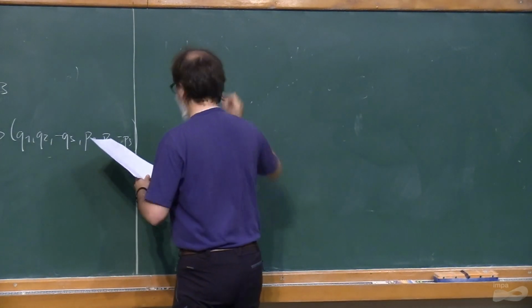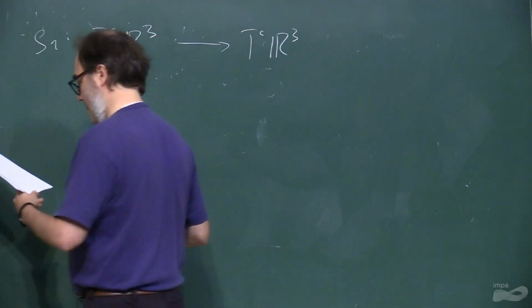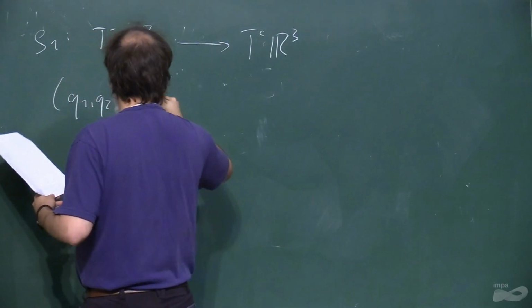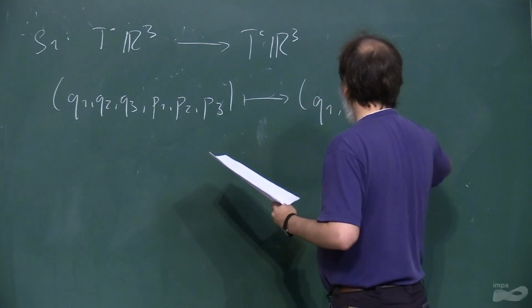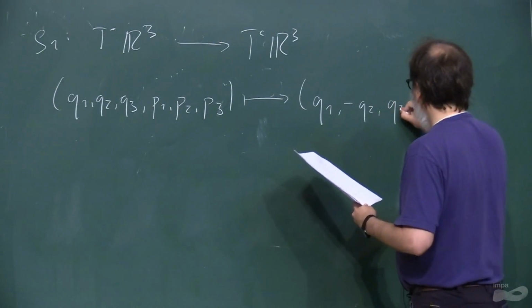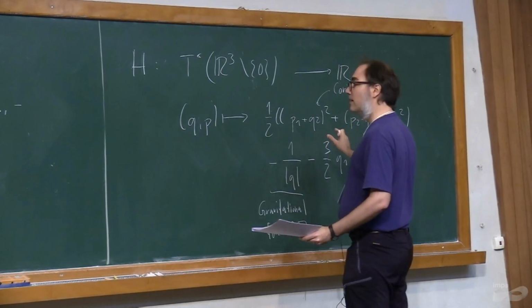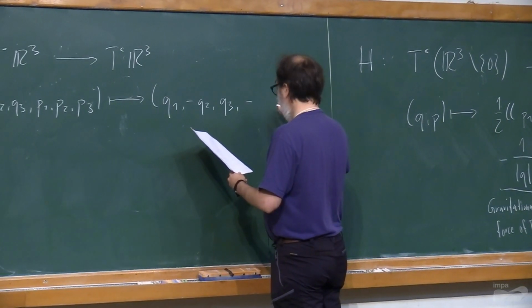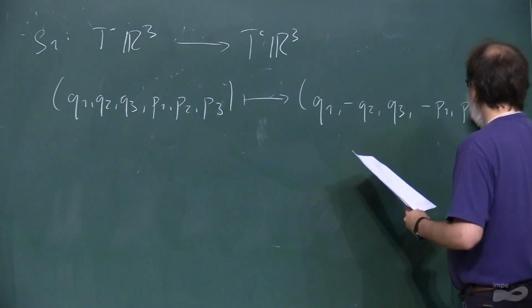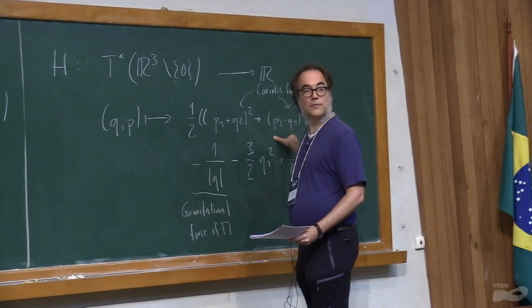So we have rho 1 from T star R3 to T star R3, q1, q2, q3, p1, p2, p3 goes to q1, minus q2, q3, but then we also take p1 to minus p1, p2 is fixed, and minus p3, so that these two terms both become a minus.